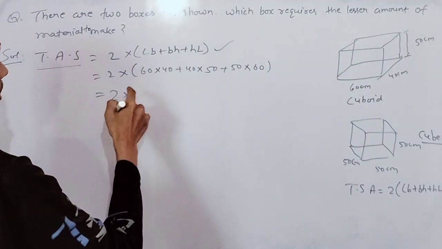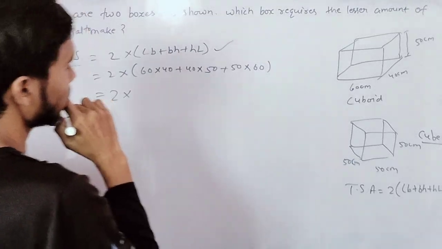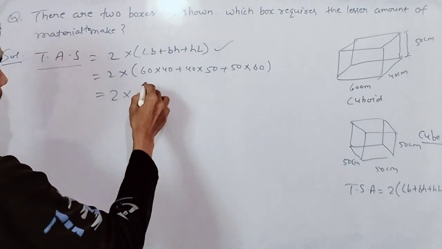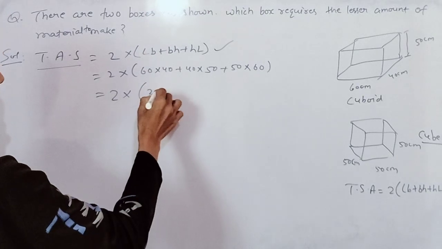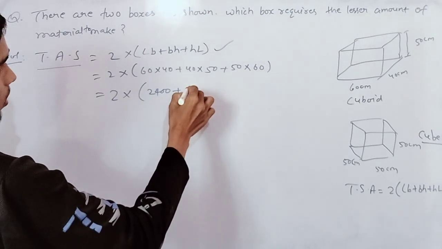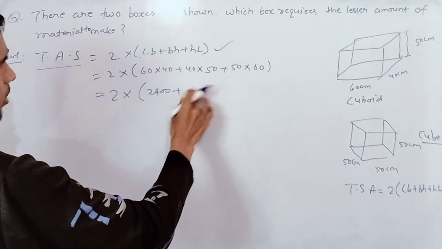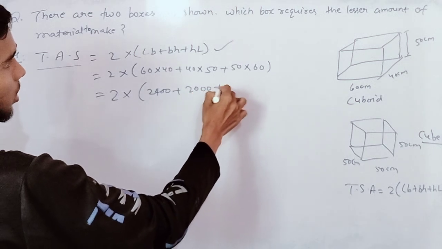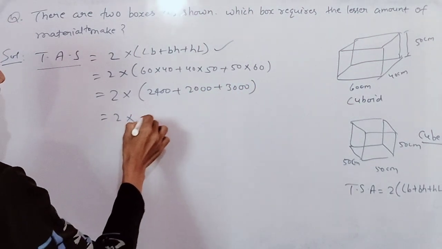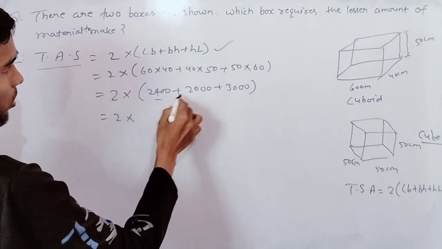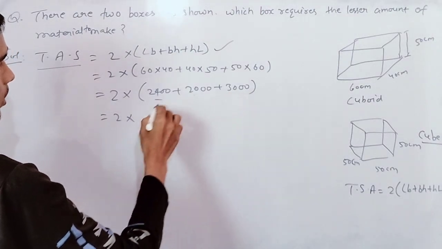Now 2 multiplied by this: 6 4s are 24, plus 5 4s are 20, 6 5s are 30. 2 multiplied by 20, 2000, 4000, 7000.